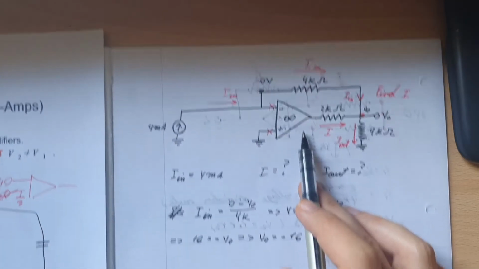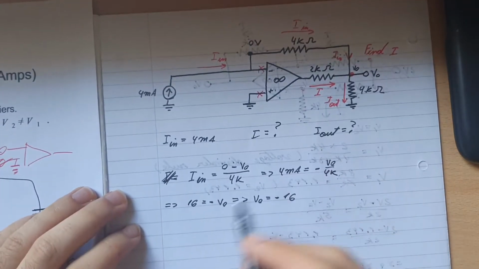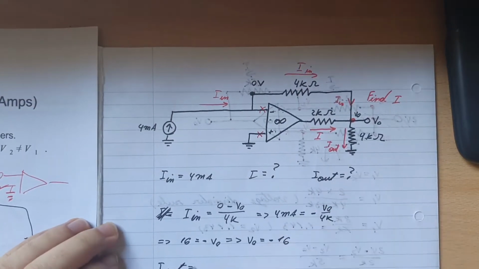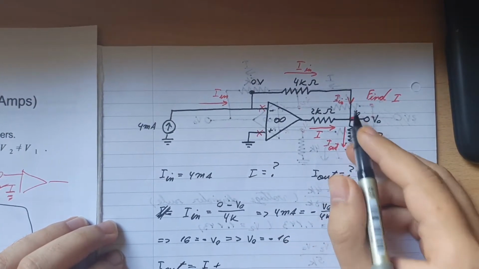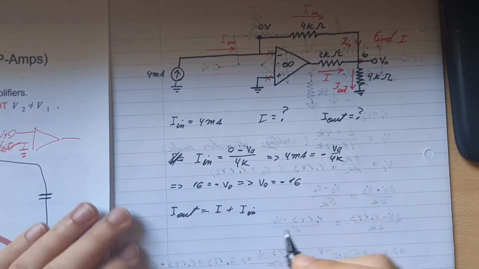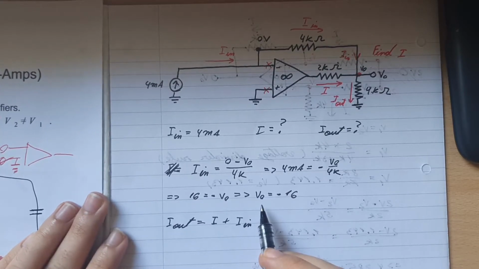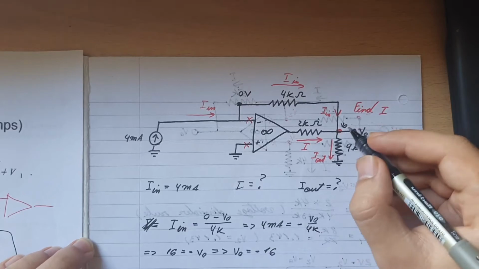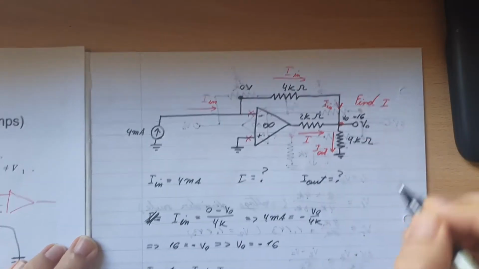Okay, now let's write from this node here. I out will be equal with the unknown current I plus I in. Alright, now we know the voltage V out, so we can determine I out, because V out is minus 16.